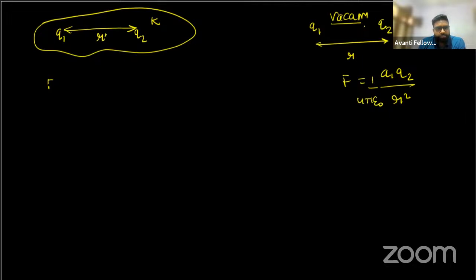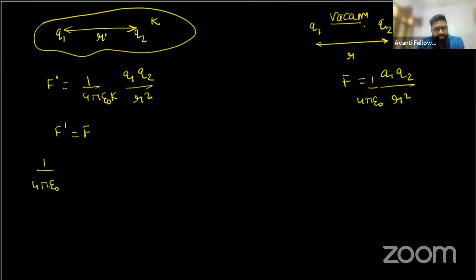In this situation also the force is F dash, we will take 1 upon 4 pi epsilon naught k Q1 Q2 upon R dash square, okay? Now if these forces are equal, so 1 upon 4 pi epsilon naught Q1 Q2 upon R square equals 1 upon 4 pi epsilon naught k Q1 Q2 upon R dash square.